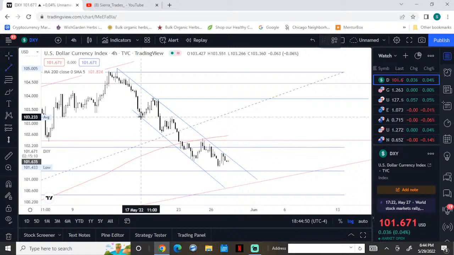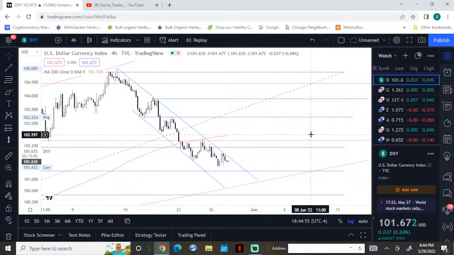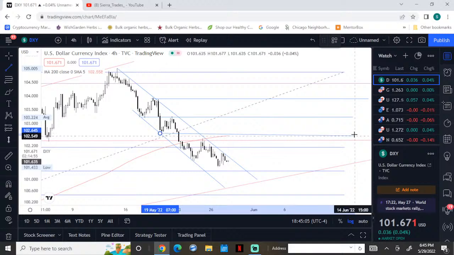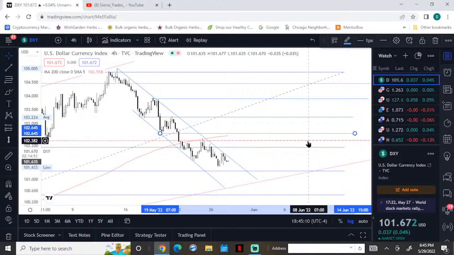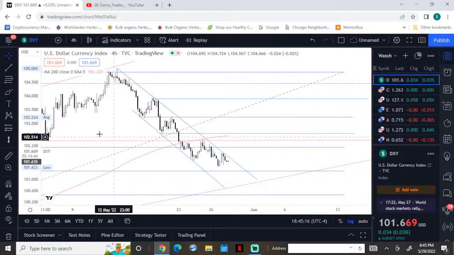I would mark this. And possibly here, even though it created this zone right here, the weekly zone would be stronger than this 4-hour zone.